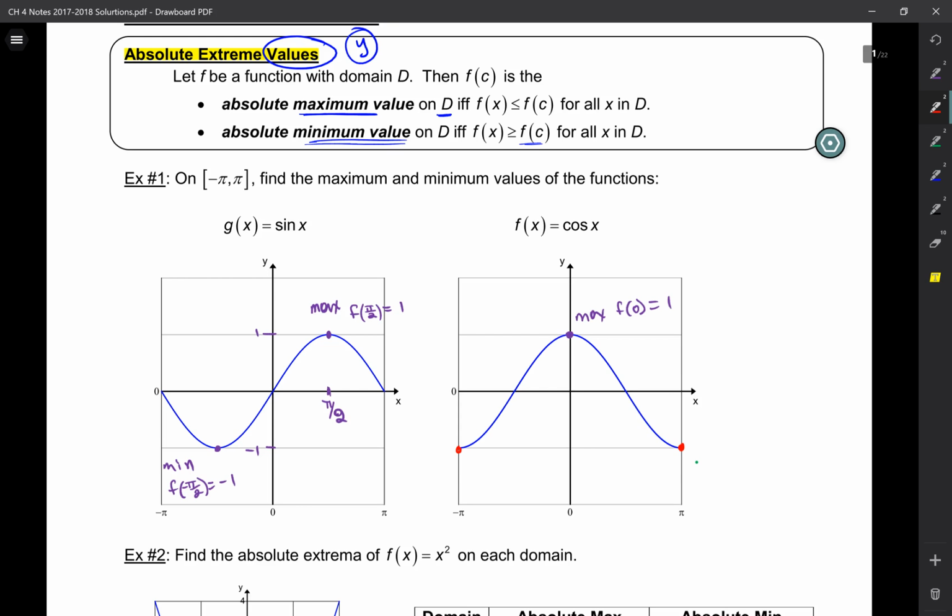If these were open parentheses, you wouldn't be able to reference that. But because it's a closed interval, because it's included, you can and you have to. So you say there is a minimum f of pi is equal to minus 1, and here there is a minimum f of negative pi is equal to minus 1.